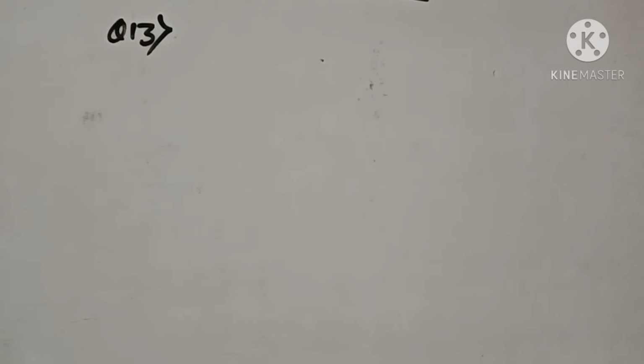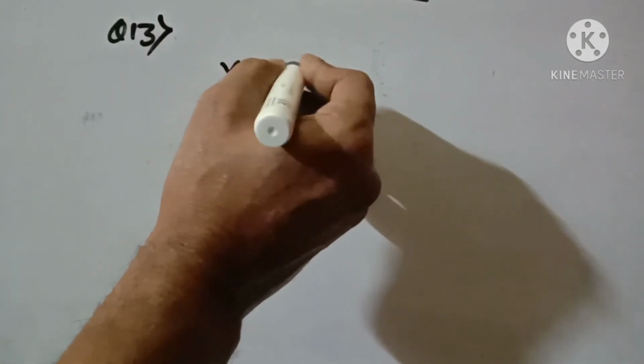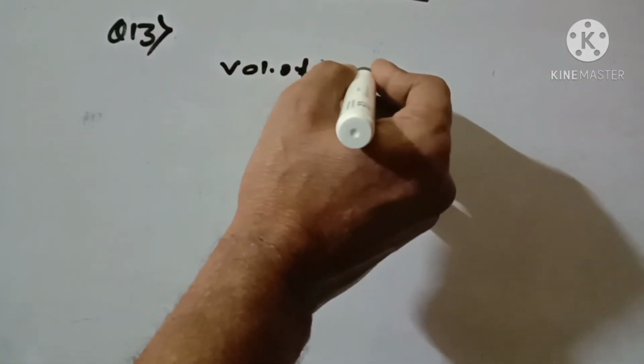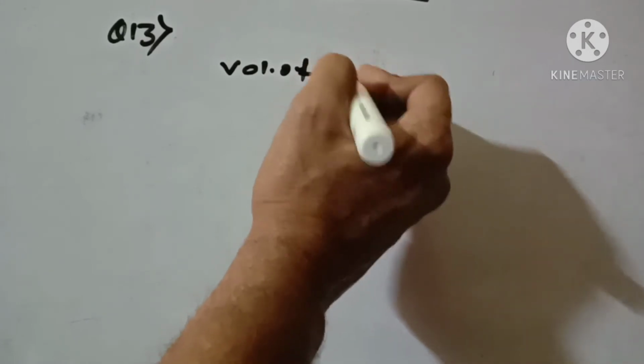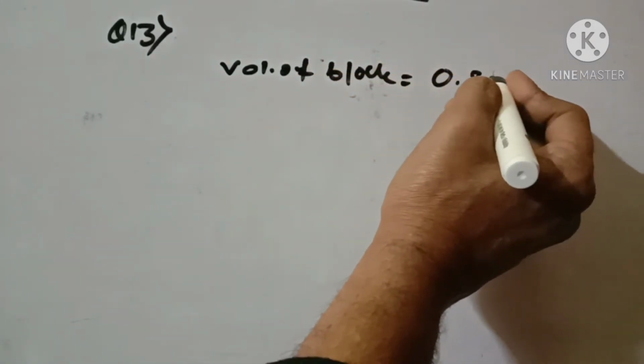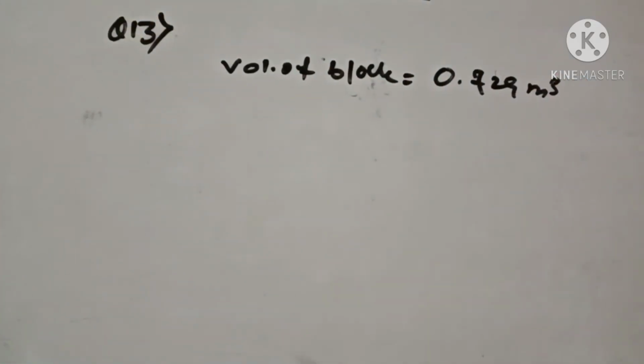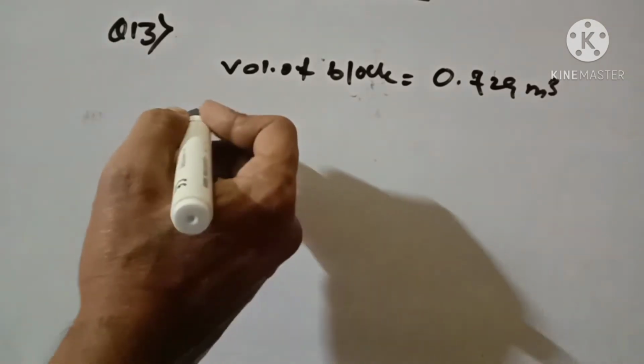Now this will be the volume of the block, that is volume of block 0.729 cubic meter.